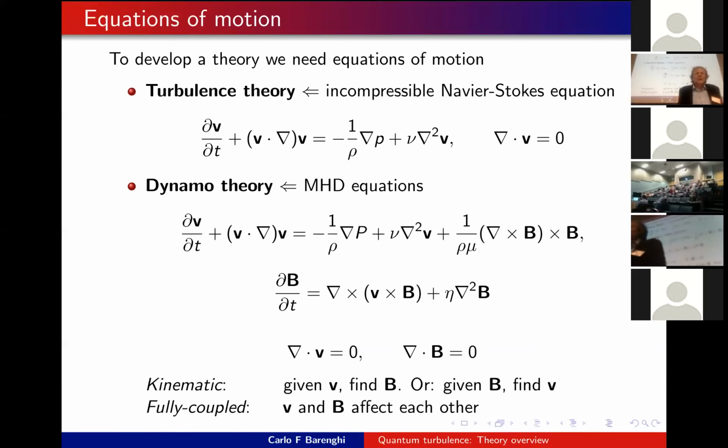The second example is dynamo theory. That is the theory which tries to explain the generation of magnetic fields in systems such as the Earth's interior, the outer core of the Earth, or the interior of Jupiter or other planets, or the interior of the Sun and stars.